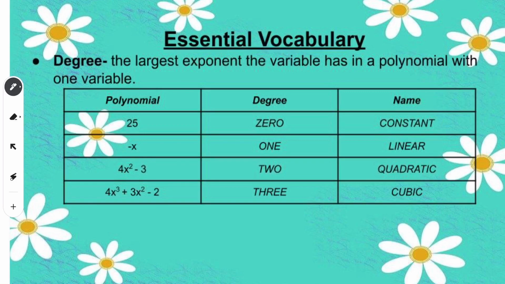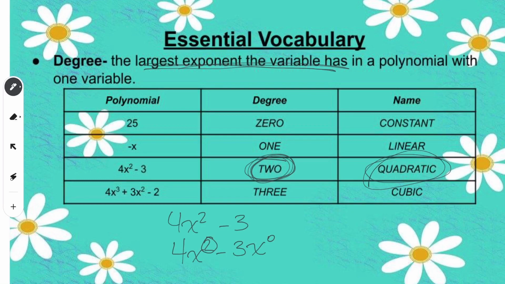So we have 4x squared minus 3. Again, degree is the largest exponent of the variable. So if we look at 4x squared minus 3, which is the same thing as 4x squared minus 3, and since this is a constant, we can multiply it by x to the power 0. I see that 2 is the highest exponent. Therefore, 4x squared minus 3 has a degree of 2.